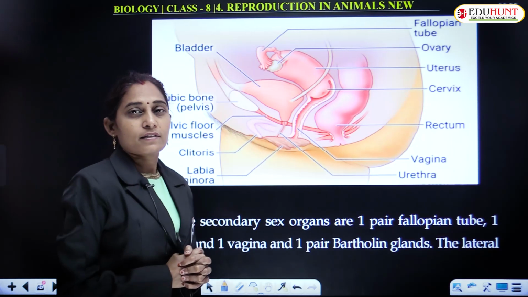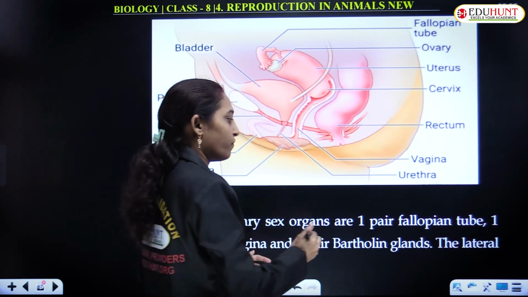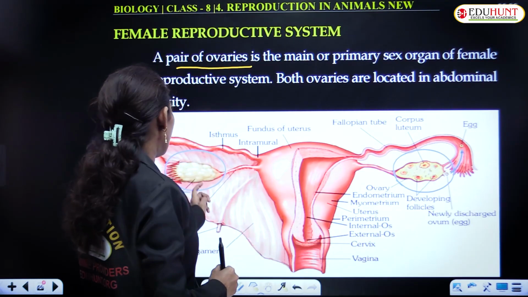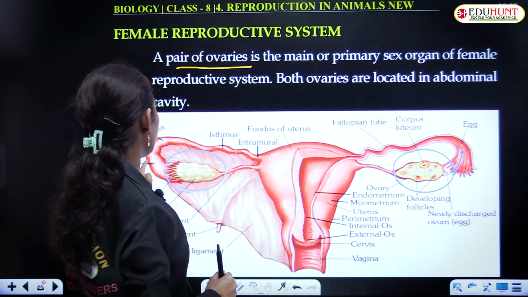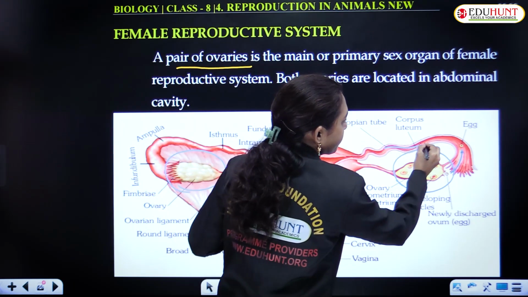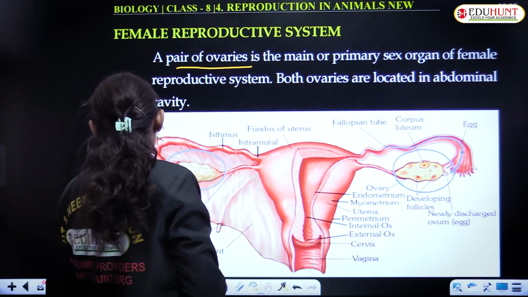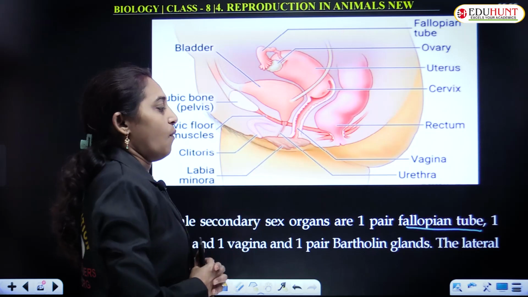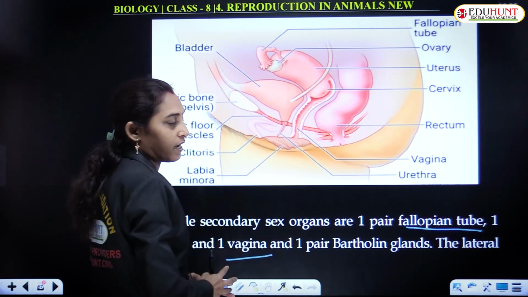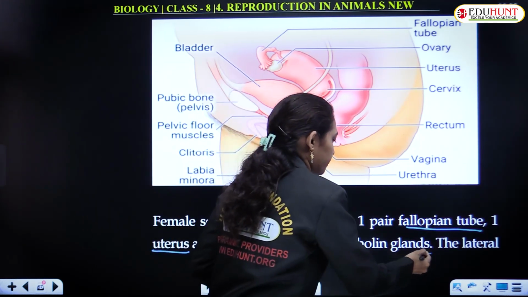In addition to that, female individuals develop a pair of fallopian tubes, one uterus, one vagina, and a pair of Bartholin glands.